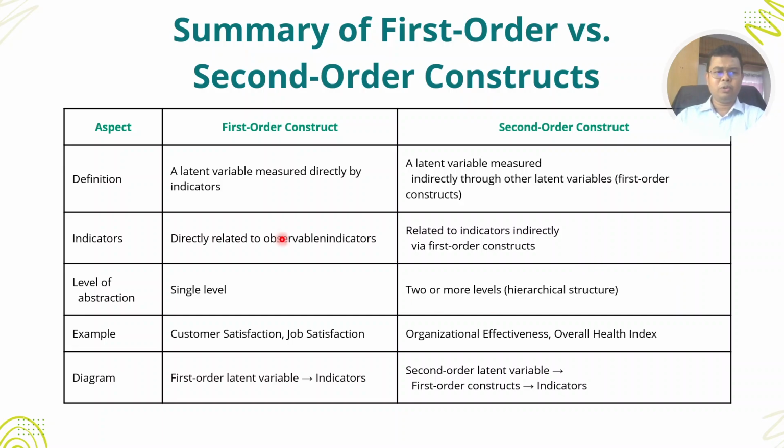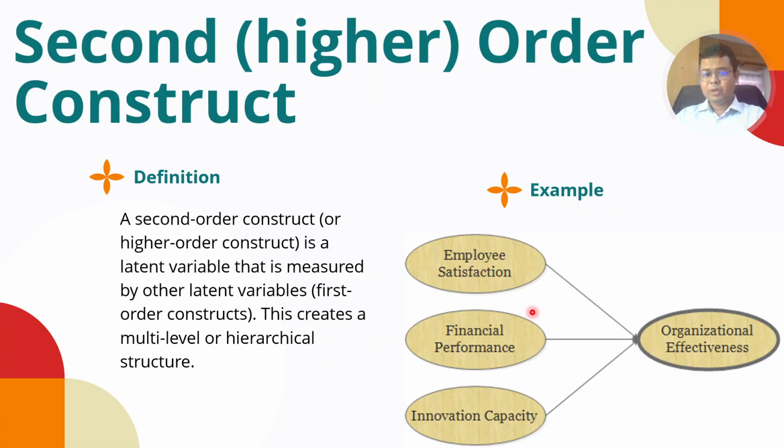Okay, there are some basic differences. So we have already known the definition of first order construct and second order construct. Here is the observed indicator, right? And it's related to the indicator directly via the first order construct. What does this mean? For example, here you have 5 items, here 5 items, here 3 items. So in total 13 items.